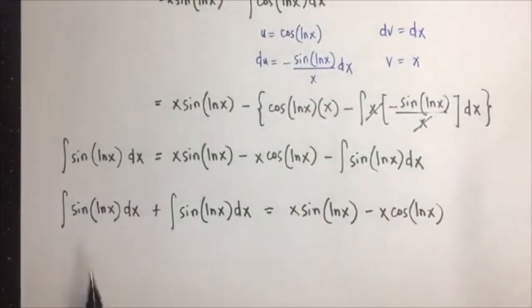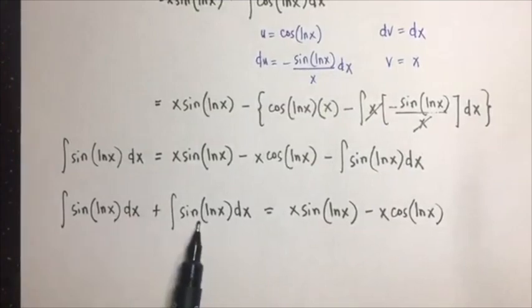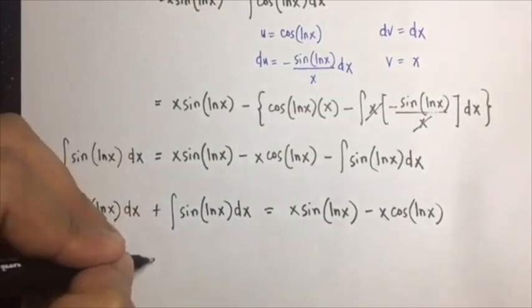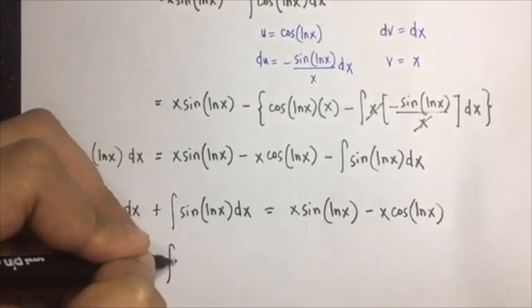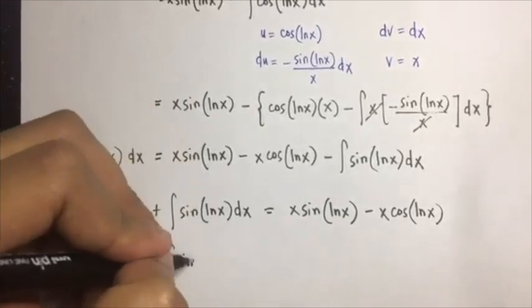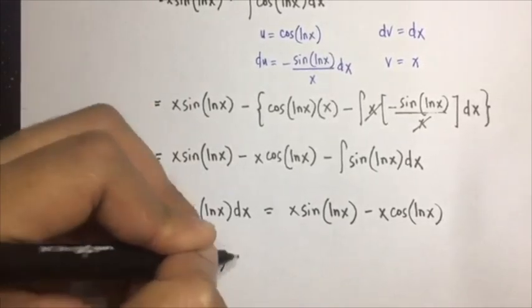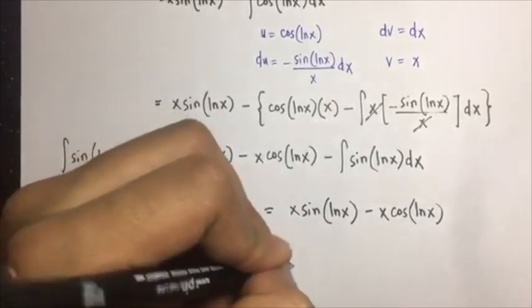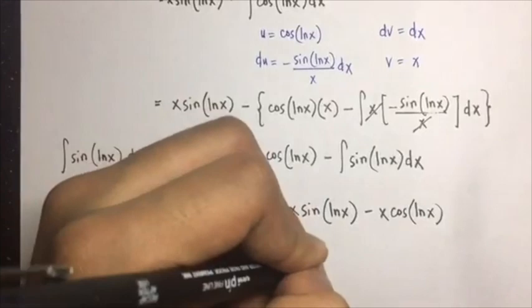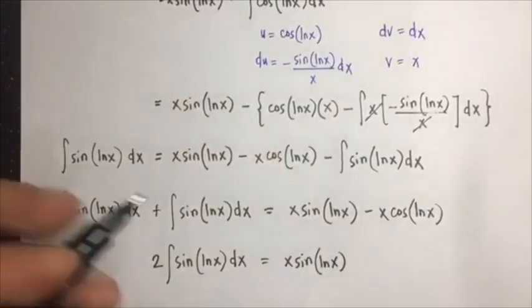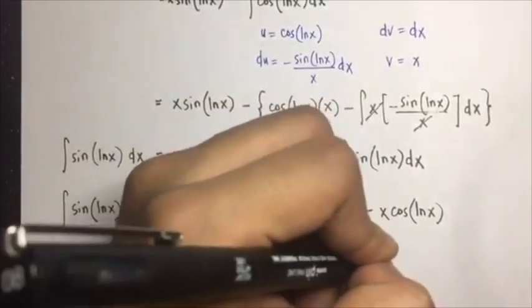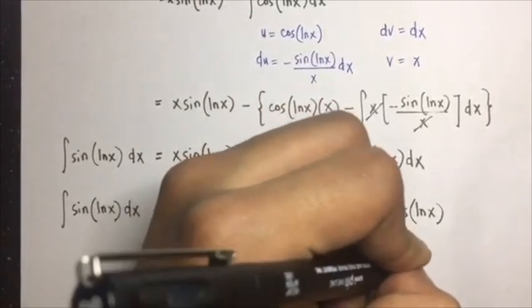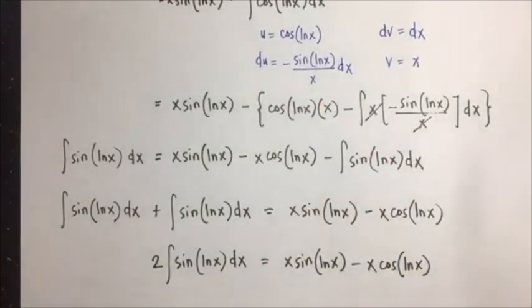Since these are similar terms, we can add them. So 1 plus 1, this is equal to 2 times the integral of sine of ln of x dx is equal to x sine of ln of x minus x cosine of ln of x.